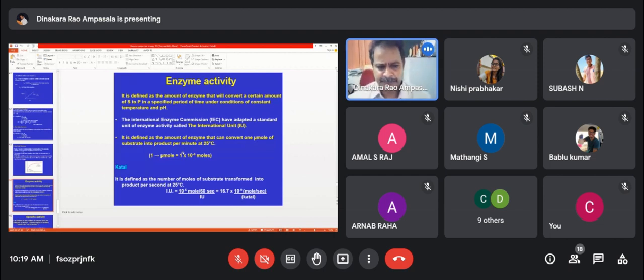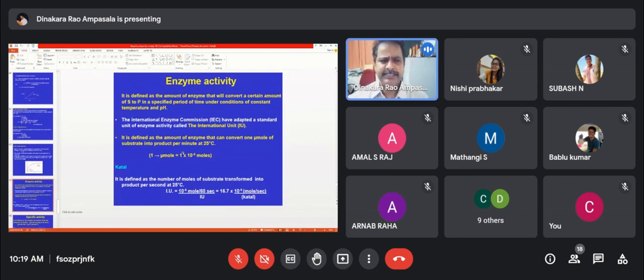Now when you come to biological enzymatic activity, enzyme activity can be represented by different units, and people use different units here.